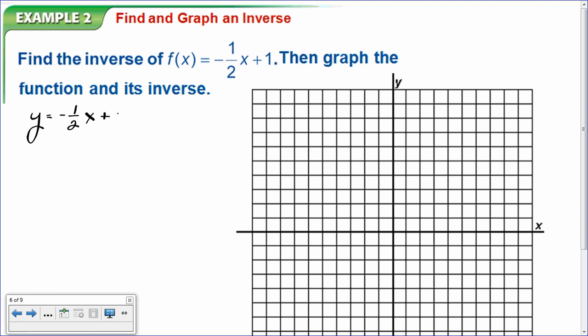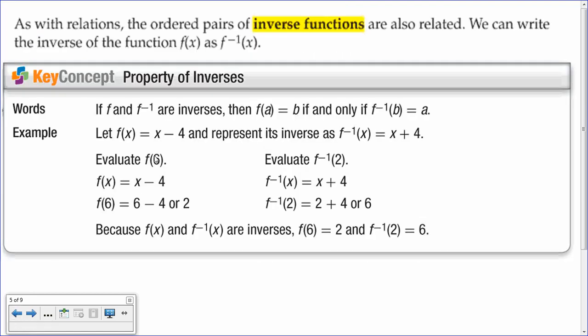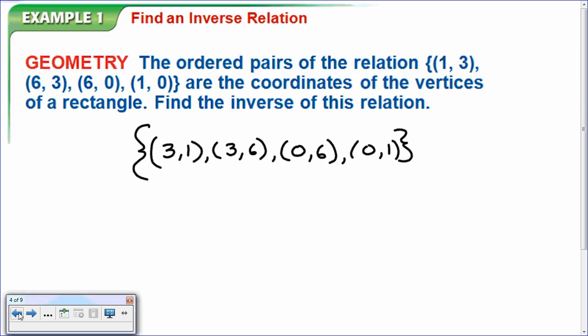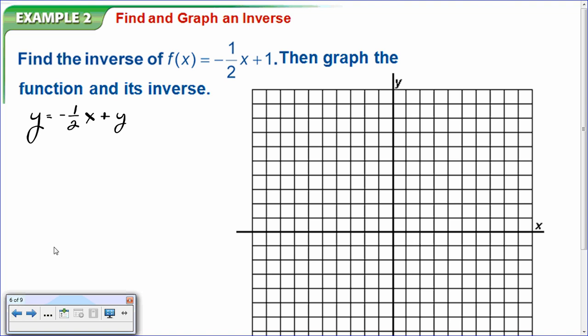And then, just like we did in the previous examples, where we swapped the x's and the y's, notice this x gave us a y, the y gave us an x. In this problem right here, the x and y switched places. That's what we're going to do with this one. We're going to turn this y into an x, and we're going to turn the x into a y.